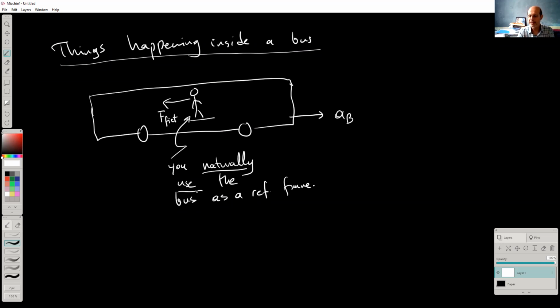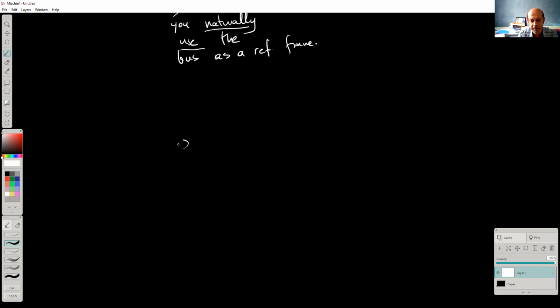And so things appear to be accelerating in the backward direction with no apparent reason at all. What's happening is basically the bus is accelerating forward, but your mind doesn't think like that, right? So in these kinds of situations, you can analyze things by using this fictitious force concept as well. Okay.